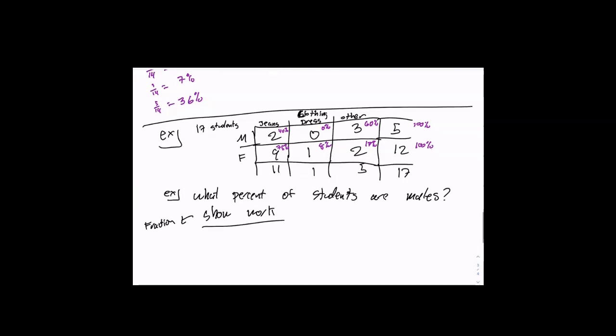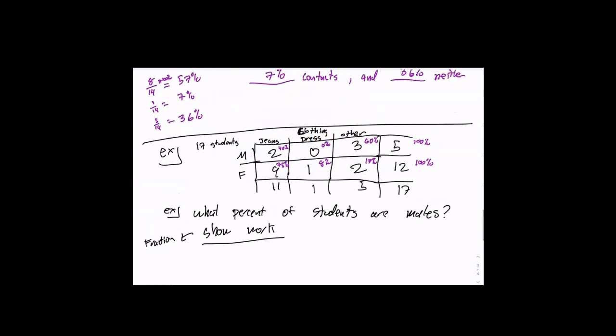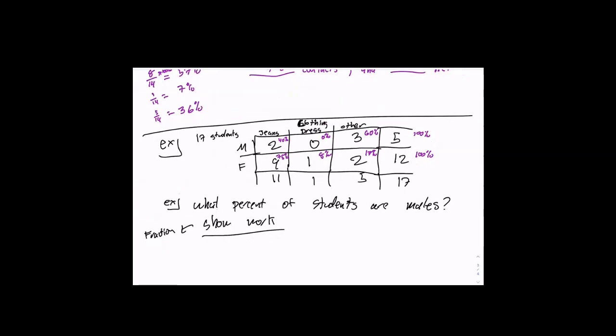All right, so can anybody tell me how to find the percent of males of all the students? Who is my data about? Who is this question talking about? The 17 students. Yeah, this is the who of the students. What am I asking about?